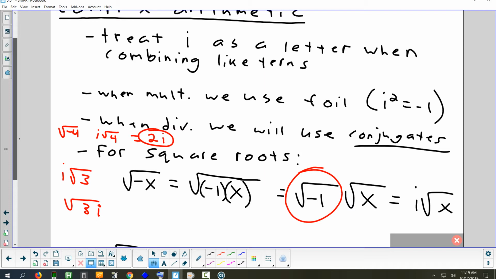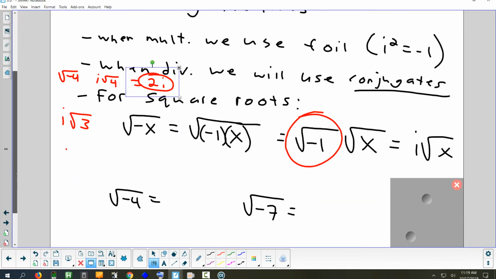You might think that i is under the square root, and it shouldn't be. So to avoid the confusion, just put the i in front when you have a square root, and then there's no problem at all. But when you don't have a square root, it's okay to put the i after it because there's no confusion. So let's try a couple.